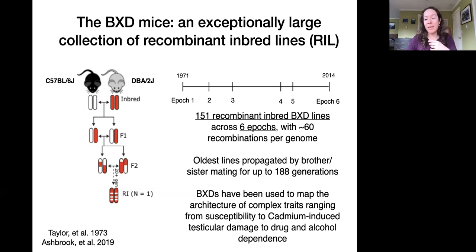It's possible to study these things in this system with maybe more precision than you could in humans by taking a bunch of these lines that have a very well understood genetic relatedness structure, and then exposing them all to some stimulus like drug or alcohol or some environmental perturbation, and then seeing, if you observe a difference in how the different B by Ds respond to the stimulus, whether there are any loci in the genome where having Black 6 or DBA2J ancestry predicts the phenotype.